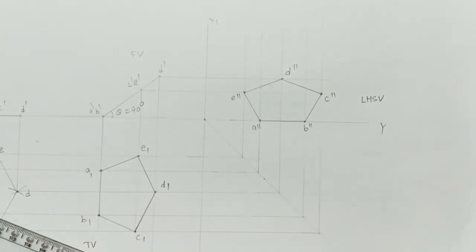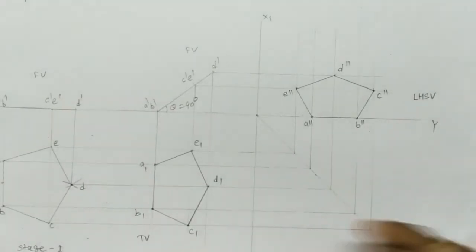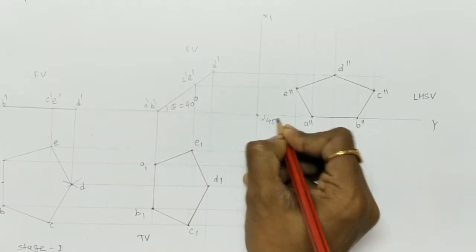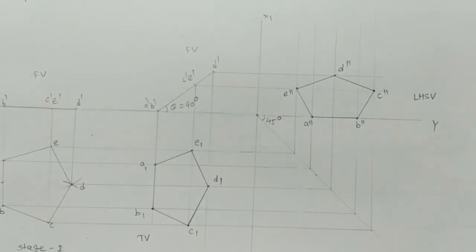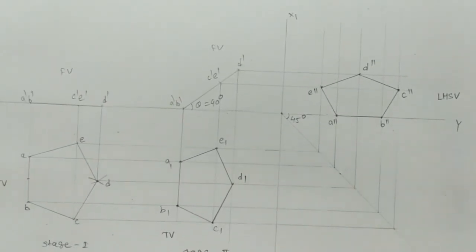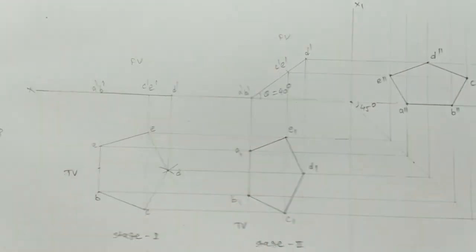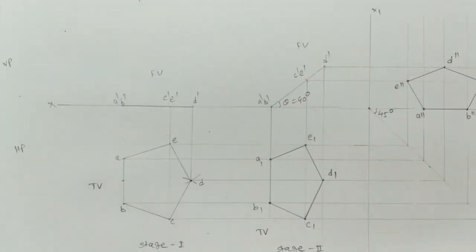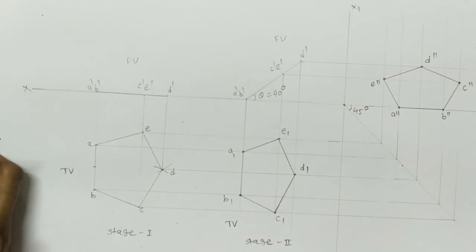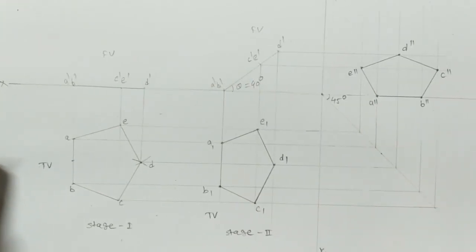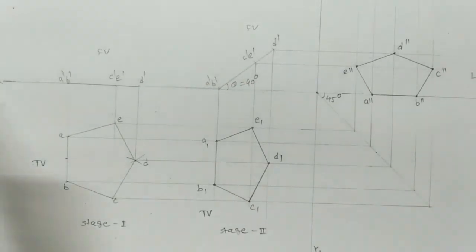So it is a left hand side view. Now show here 45-degree. And give the distance to this pentagon and show distance 50 also. So this is the complete diagram.